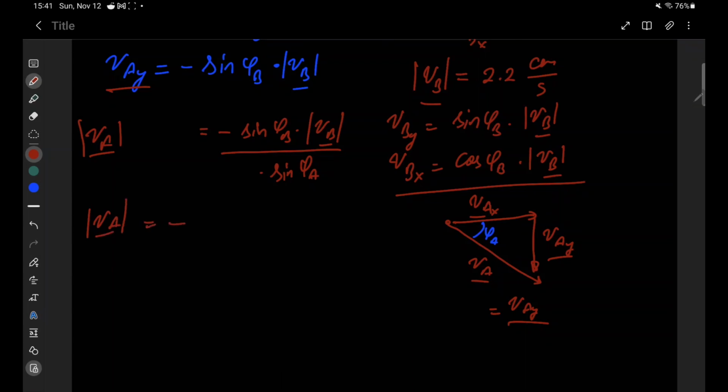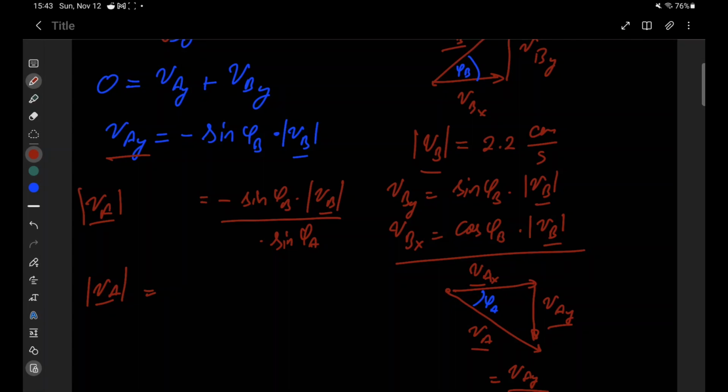When you plug that in, minus 2.938 and so on. But we really only care about the first decimal. Centimeters per second. Minus give plus.